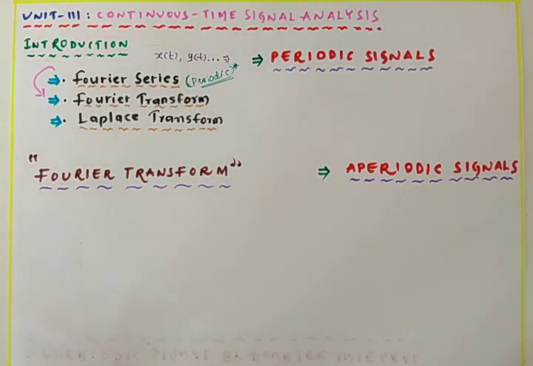Now we have discussed, so far we have studied signals such as x of t, y of t, that are nothing but continuous time signals. When the signal is a continuous time signal, it is called a time domain signal, but when the signal is in the frequency domain, it is very convenient to analyze. So far we have studied the continuous time signal, that is, the time domain signal.